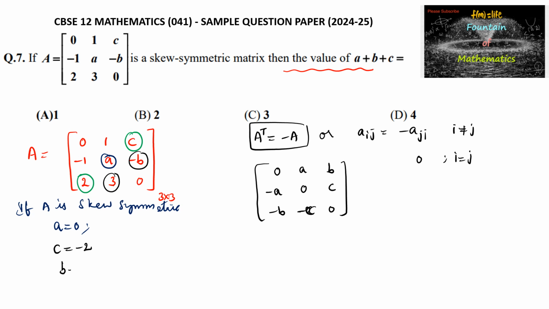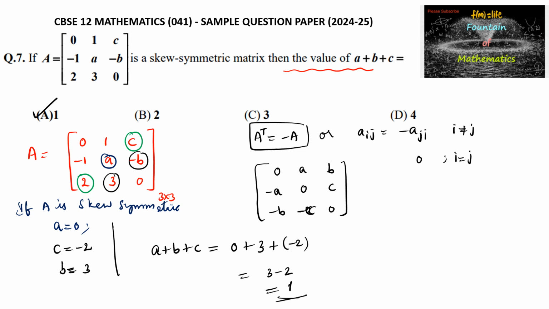So B must be equal to 3. Therefore A plus B plus C is equal to 0 plus 3 plus the C value, minus 2. So that is 3 minus 2, which is 1. To make this matrix A skew symmetric, the value of A plus B plus C must be taken as 1. So option A is the answer.